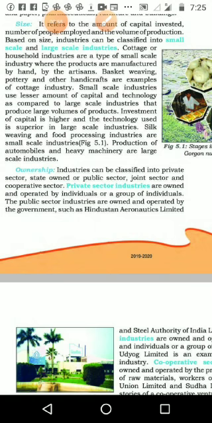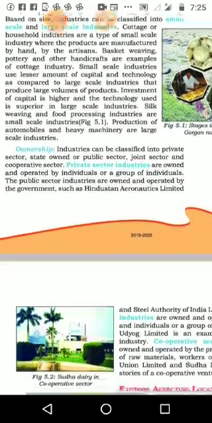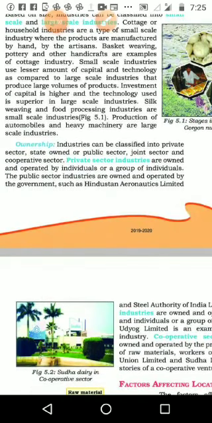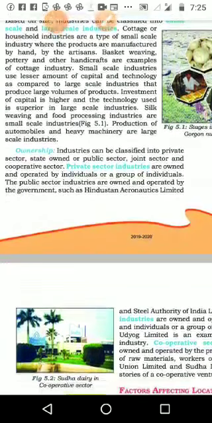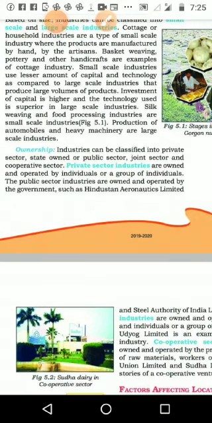Small scale industries use a lesser amount of capital and technology as compared to large scale industries, which produce a large volume of products. So we can see that small scale industries use a smaller amount. If an industry uses 1 crore or less than 1 crore, it comes under small scale industry.